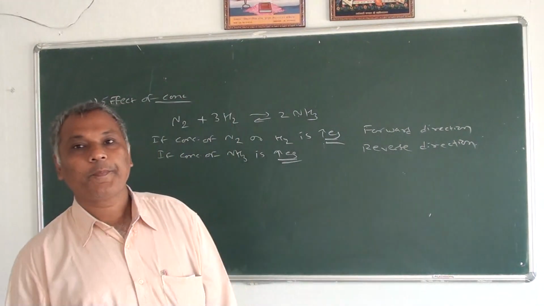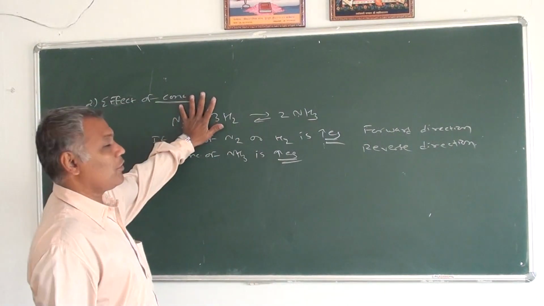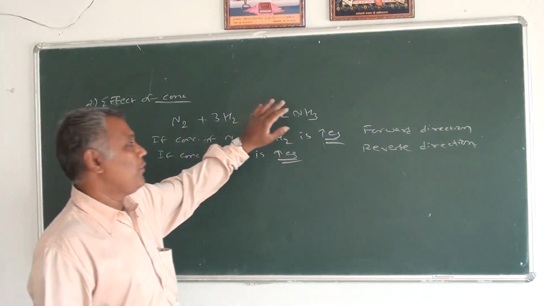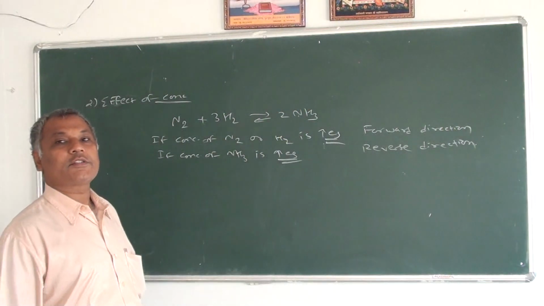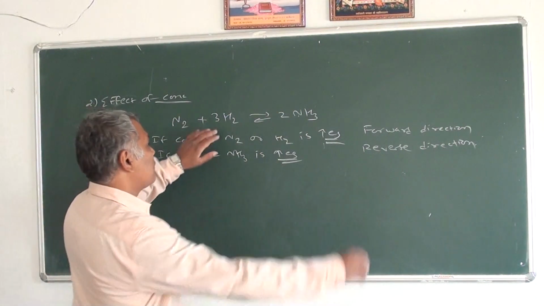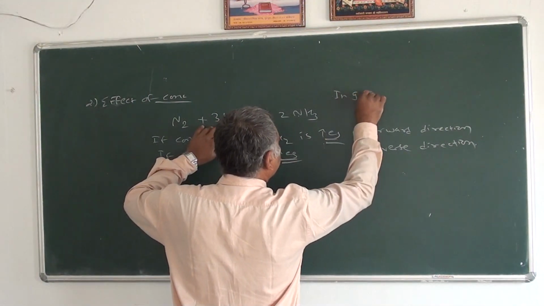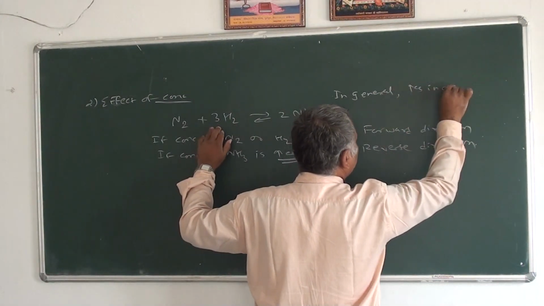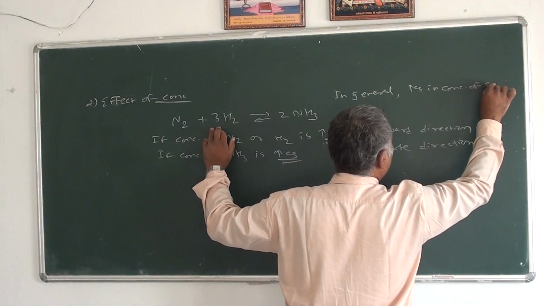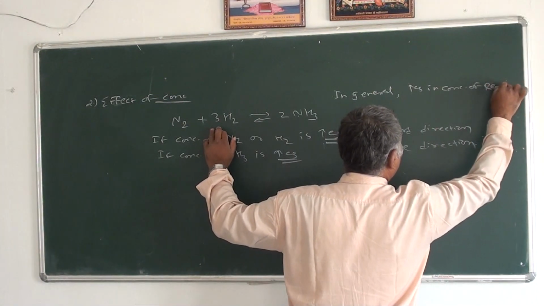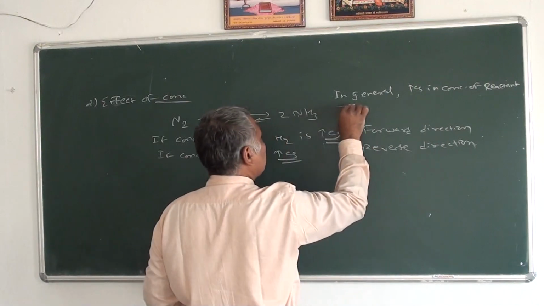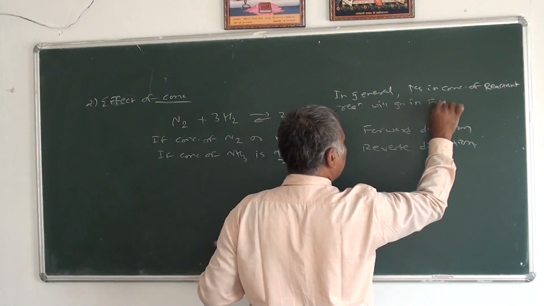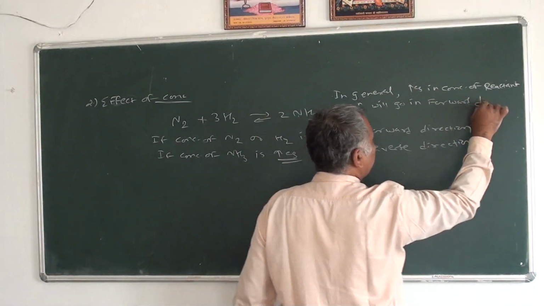So from this, it can be said that if the concentration of the reactant is increased, the reaction will proceed in the forward direction. If the concentration of the product is increased, the reaction will proceed in reverse. So in general, increasing the concentration of reactant, the reaction will go in the forward direction.